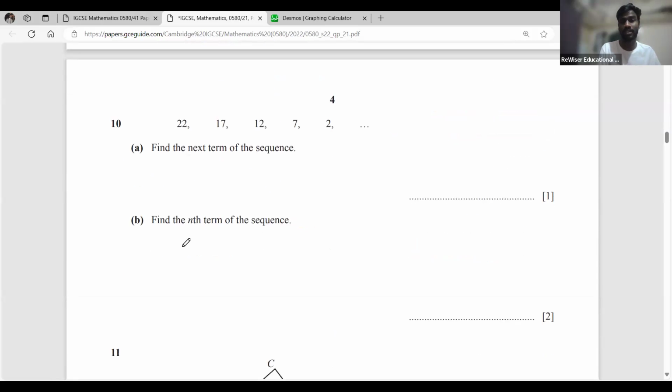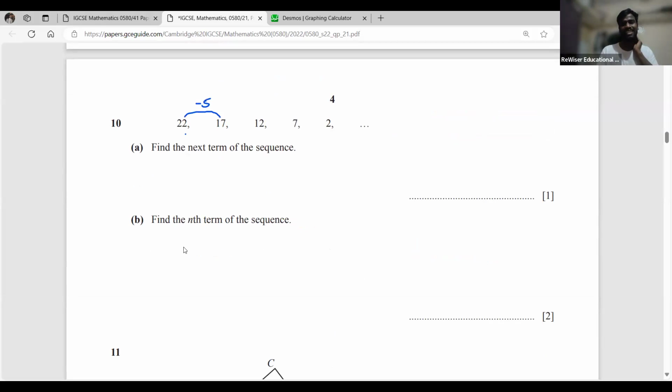And question number 10 is on sequences. So we have to just find the next term of the sequence for this one. So we have 27, 22, 17, 12, 7, 2. Let's find the difference. The difference between 22 and 17 is 5.